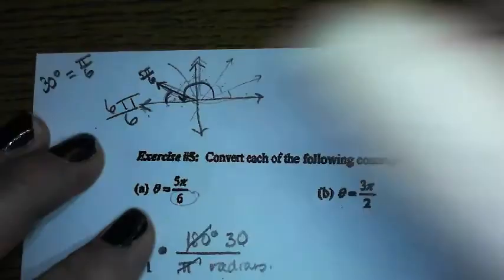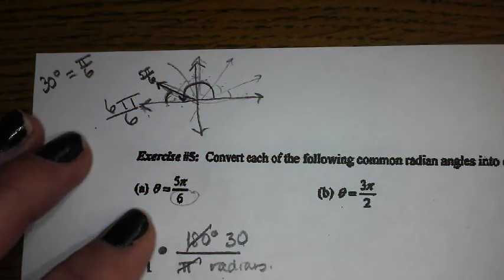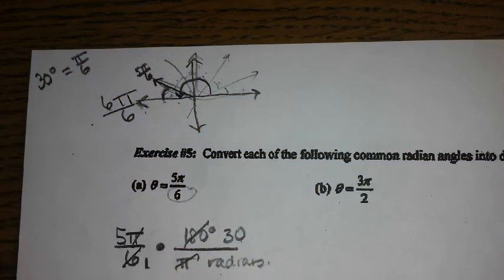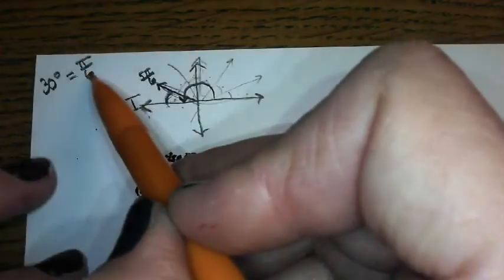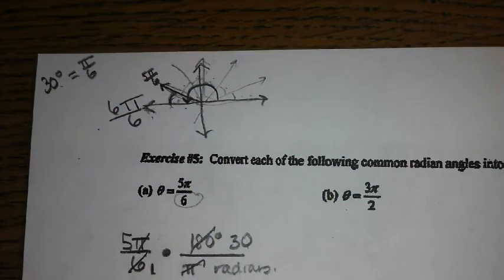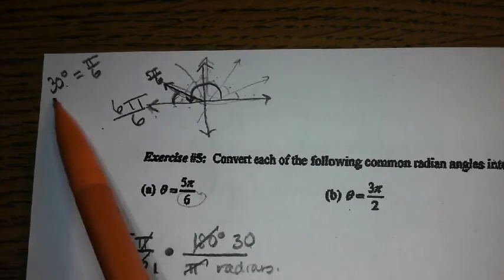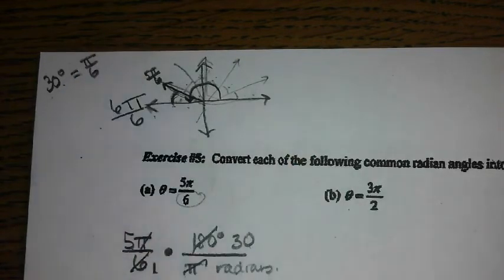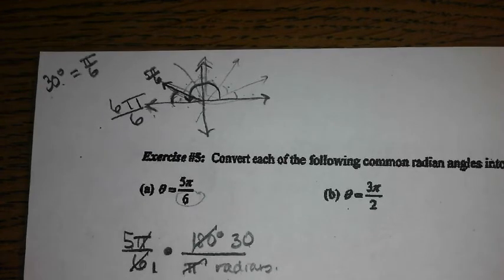A reference angle of 30 degrees is the same as a reference angle of pi over 6. Pi is just 180. 180 divided by 6 is 30. Okay? We will do reference angles in terms of degrees like you saw yesterday, but we will definitely do reference angles in terms of pi a lot. Okay? So that's that.